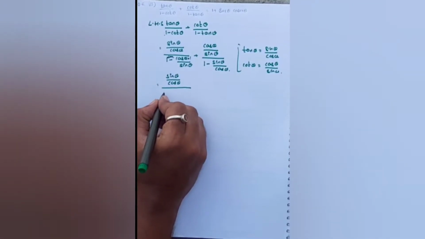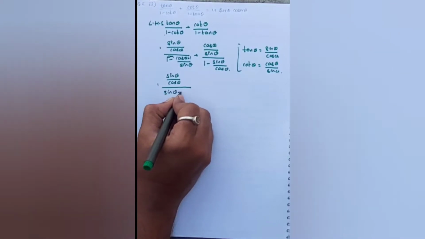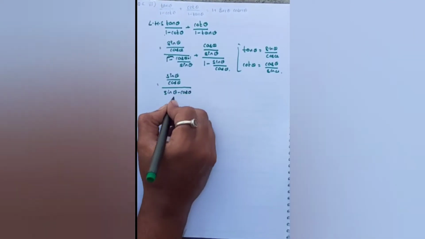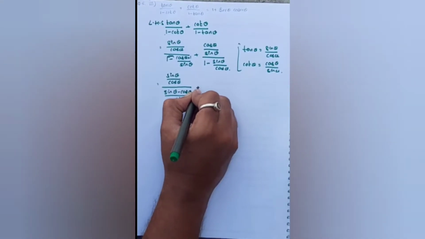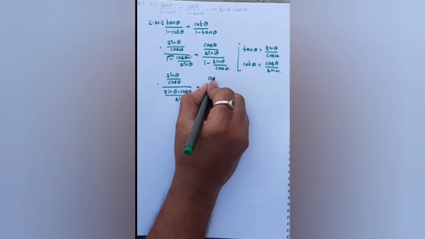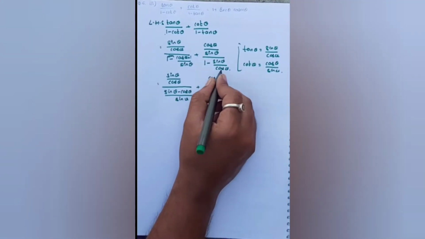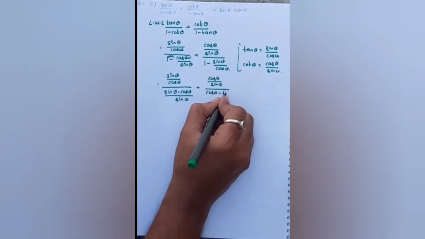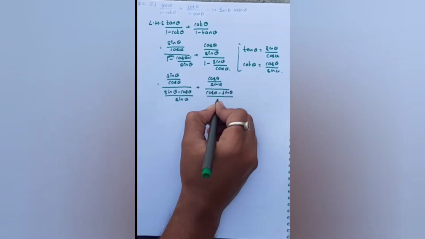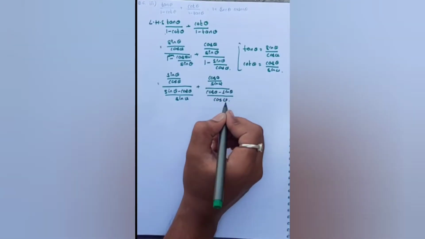So this becomes sin theta minus cos theta divided by sin theta, plus here also cos theta divided by sin theta as it is. So this divided by the LCM, which is cos theta, so cos theta minus sin theta divided by cos theta.